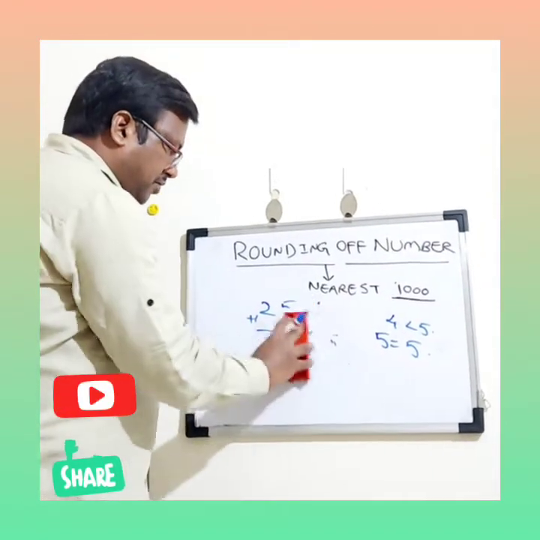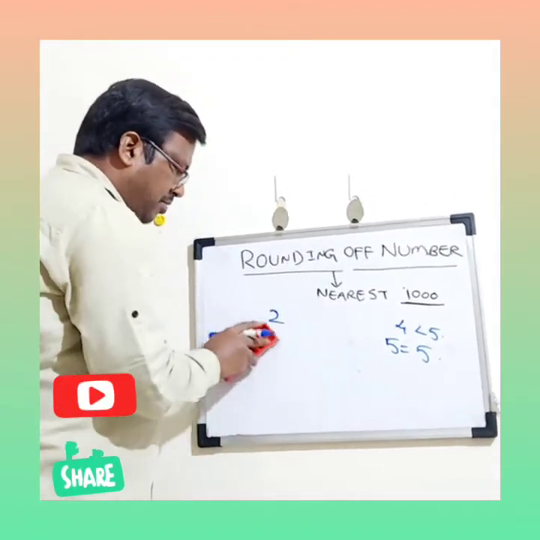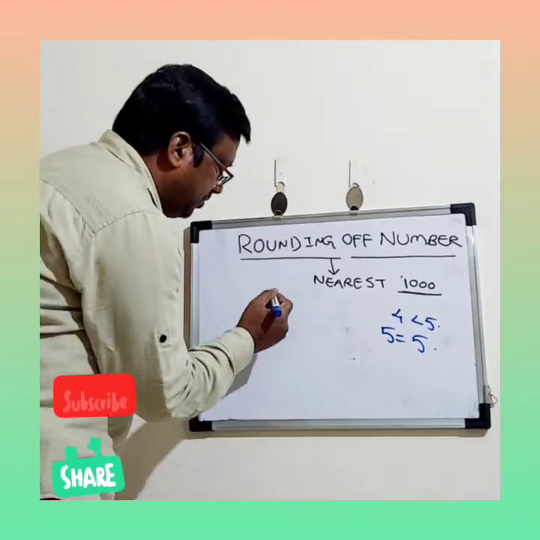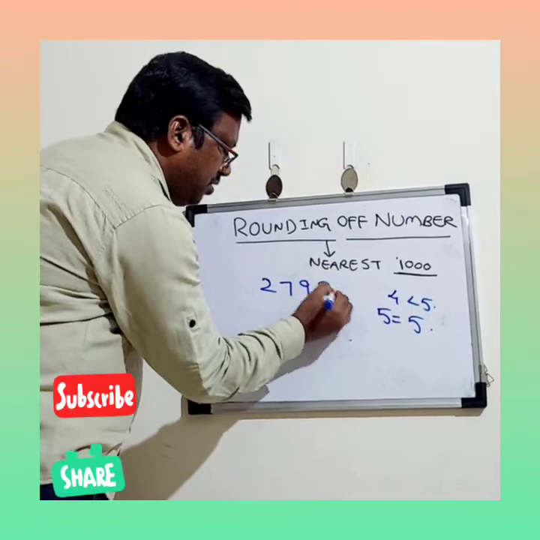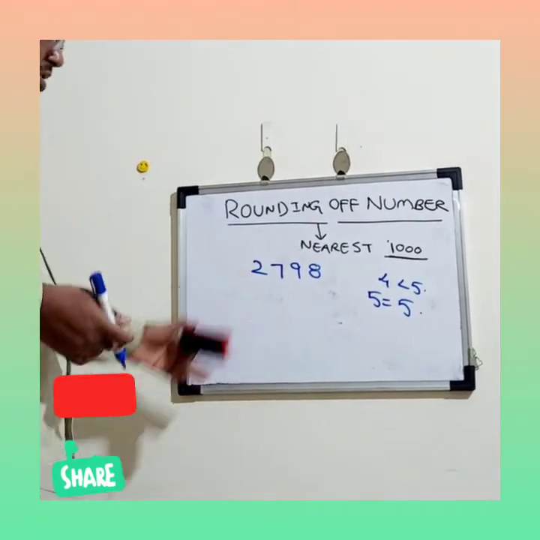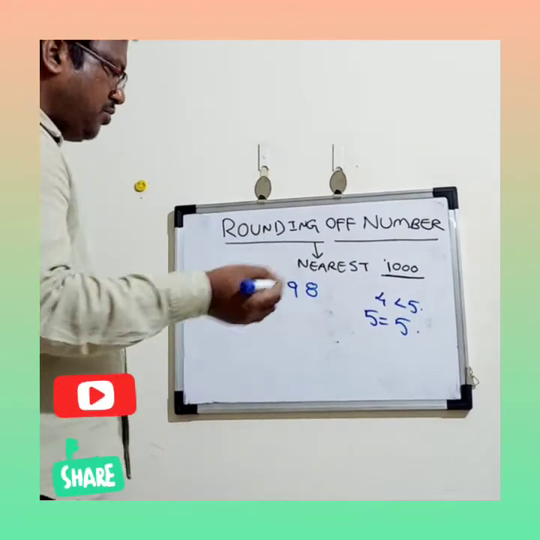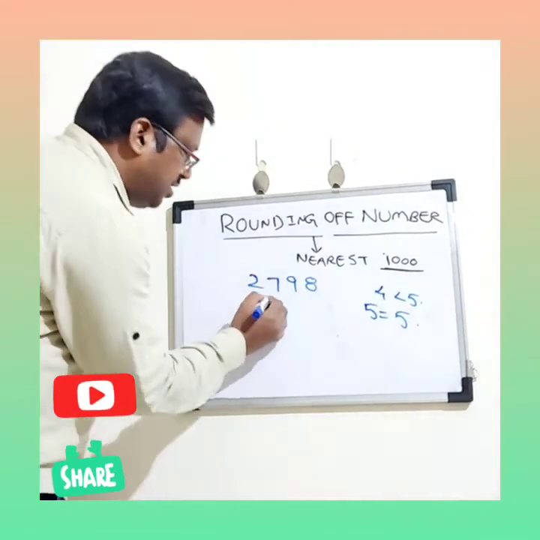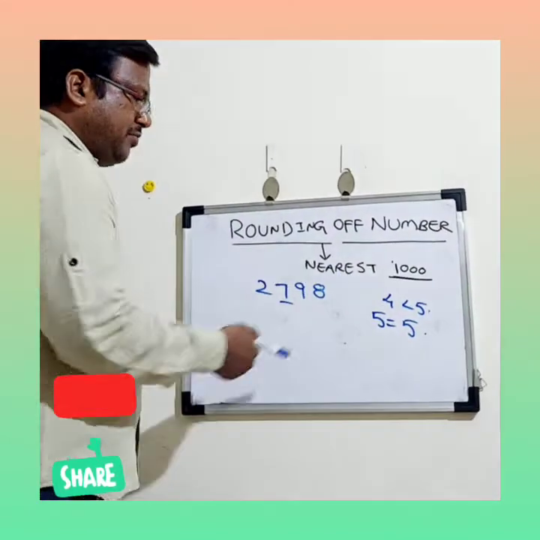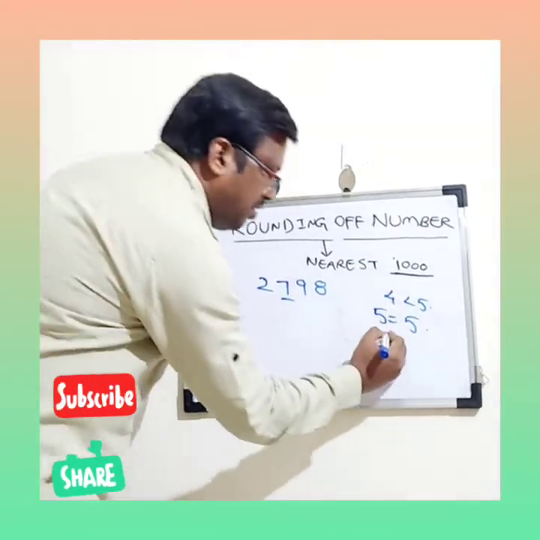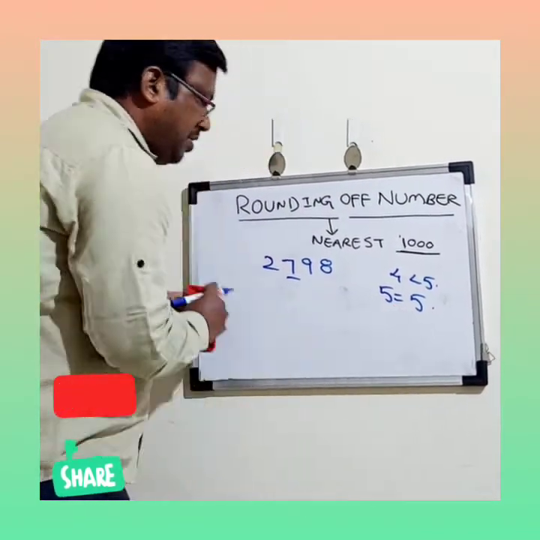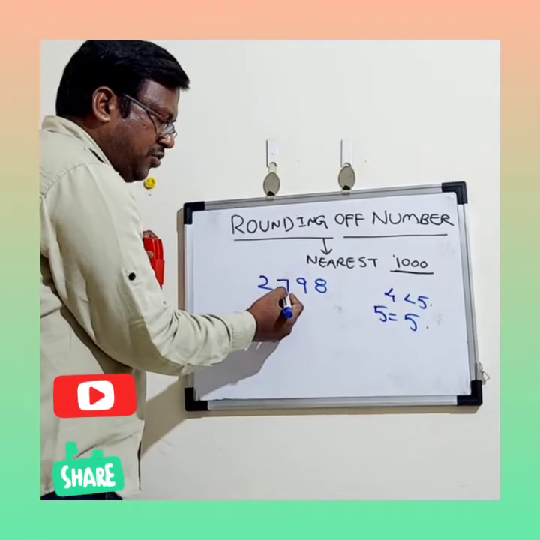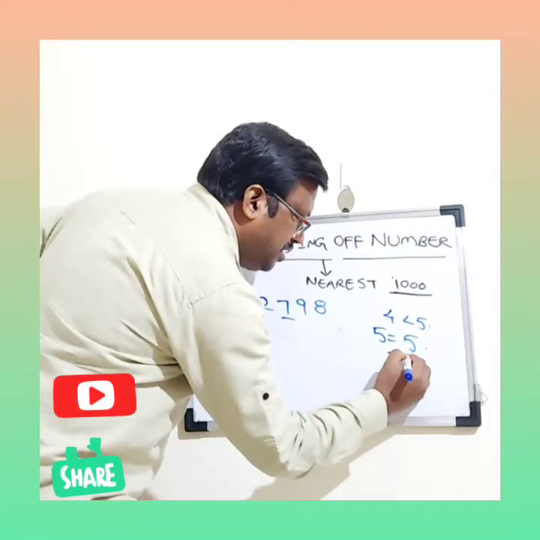We'll discuss one more problem: 2798. Within one or two seconds we can tell the answer. That is 3000, because of the logic we discussed. What is the 100 digit position? It is 7, and 7 is greater than 5.